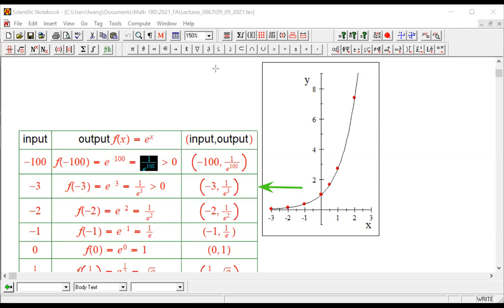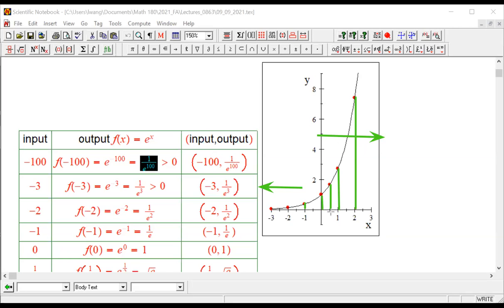On the other side, what happens? If you look at those green bars, those are the outputs. The outputs are the vertical measurement from the origin.